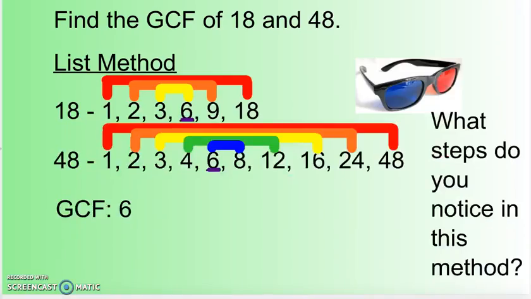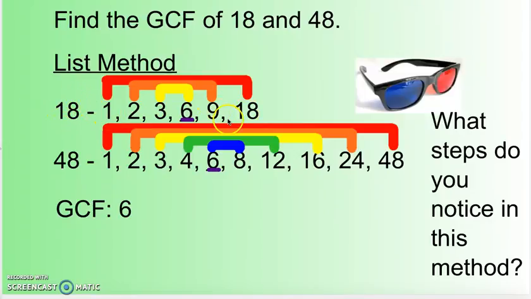Let's review. First of all, let's review what greatest common factor is, because we're going to use this knowledge to create equivalent fractions. So looking at this, we have the greatest common factor of 18 and 48. And remember, factors are numbers that we can multiply together to get another number.